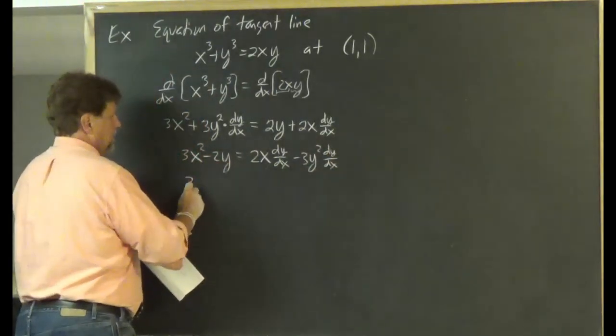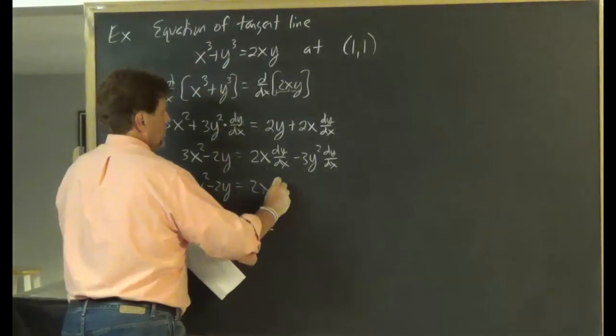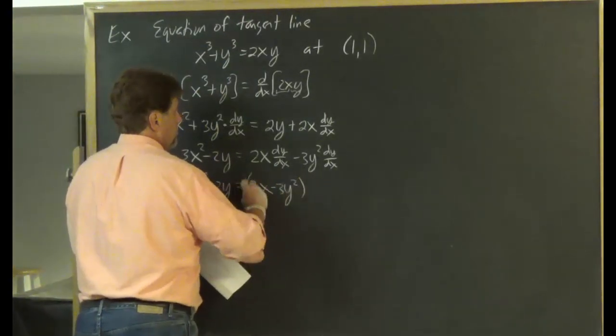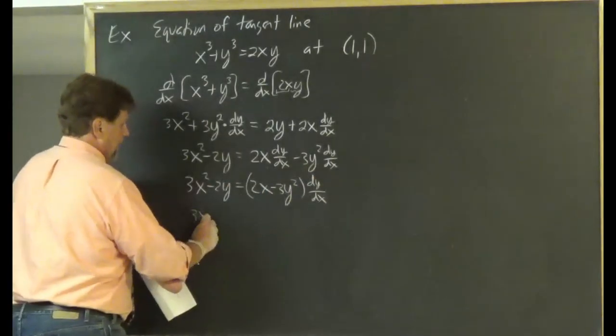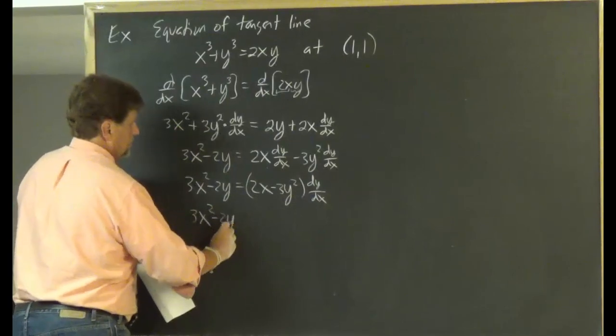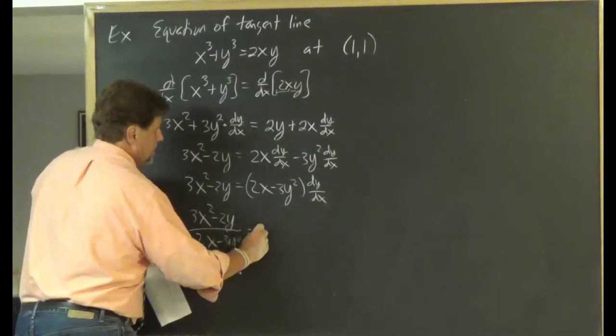And then factor out the dy/dx. Then do a little division. So we have dy/dx is this mess.